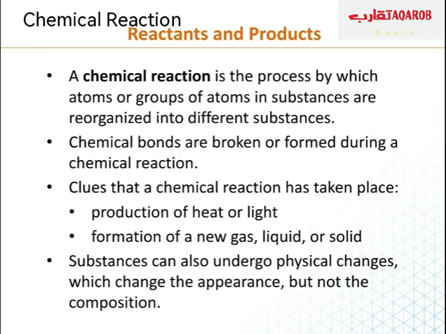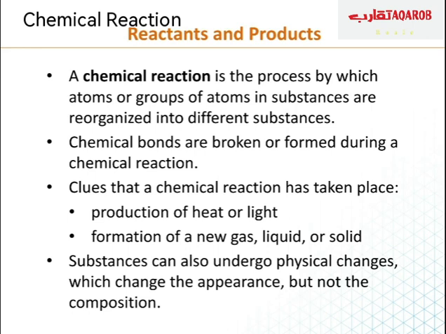Clues that a chemical reaction has taken place include production of heat or light, or sometimes formation of a new gas, liquid or solid. So there are many clues that indicate if any chemical reaction happened.